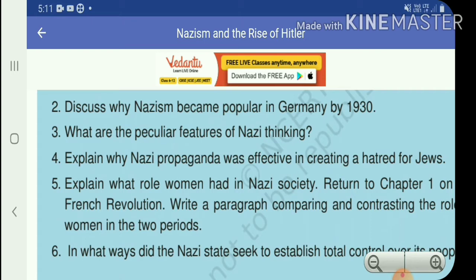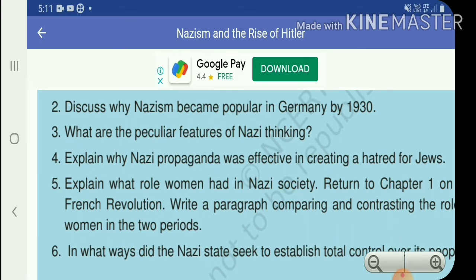Third point, the political scenario was not better as the various political factions such as the communists and the socialists fought with each other, which stalled any policy that would have improved the plight of the German people. And we watch the fourth point.